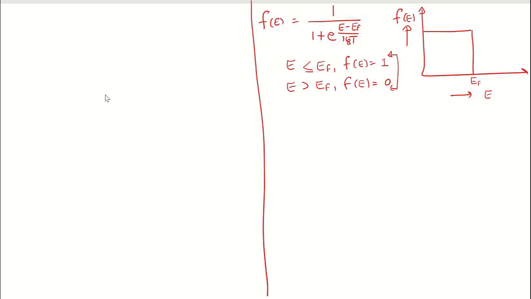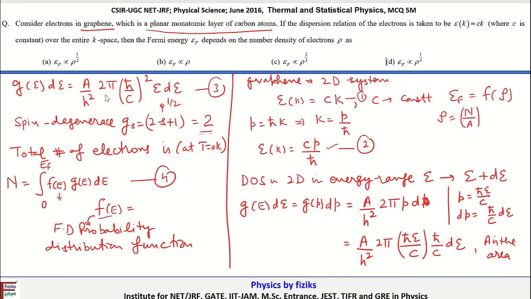In the equation I wrote on the previous page, n is equal to the integral of f(E) g(E) dE only up to EF, and the integration beyond EF simply leads to 0. That's why I haven't written another term ranging from EF to infinity, because f(E) becomes 0, so this integral vanishes beyond the EF value.